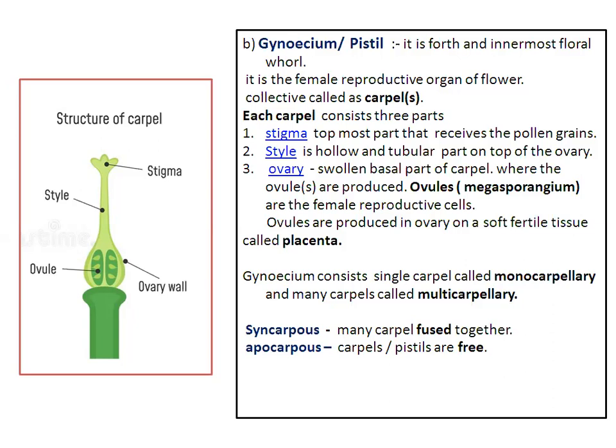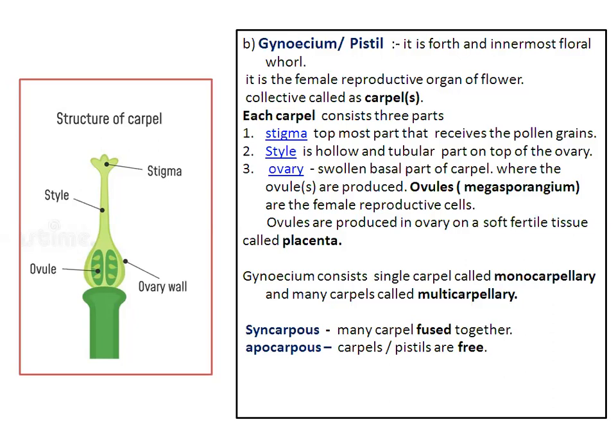Then the basal portion, the ovary, is the swollen basal part of the carpel, where the ovules are produced. The ovule is also known as a megasporangium. Ovules are produced on a soft fertile tissue of the ovary, that is the placenta, and they attach to the ovary wall at the placenta.